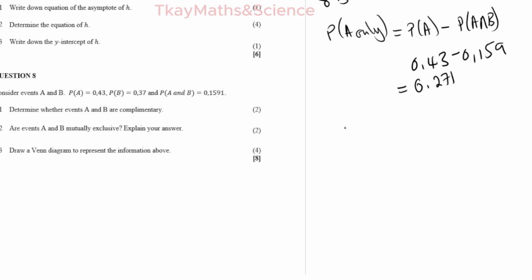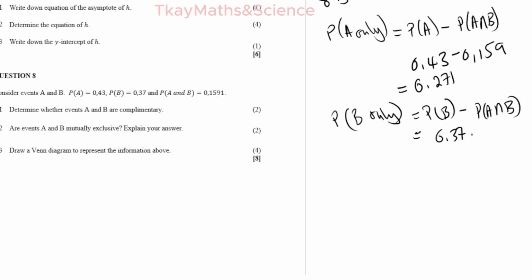We repeat the same method to get the probability of getting B only. That is the probability of getting B minus the probability of getting A intersection B, which is equal to 0.37 minus 0.159.